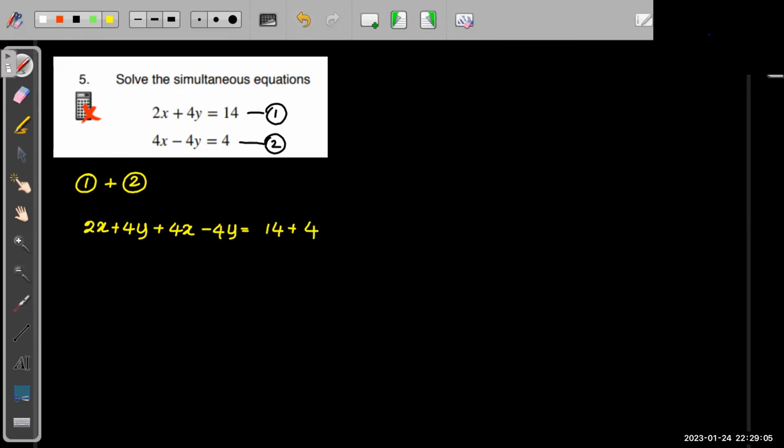Now if you check this, you will see this 4y and minus 4y will give you 0. 2x plus 4x will give you 6x. This will give you 18. If you divide it by 6, x is 3. Got it?